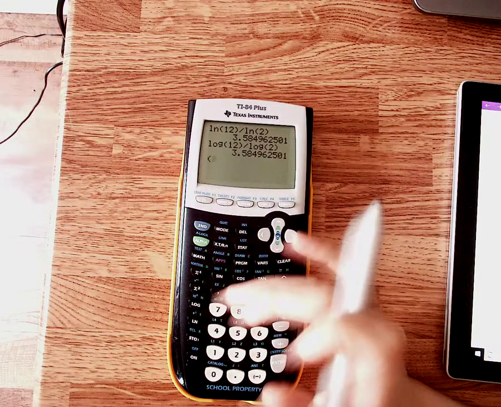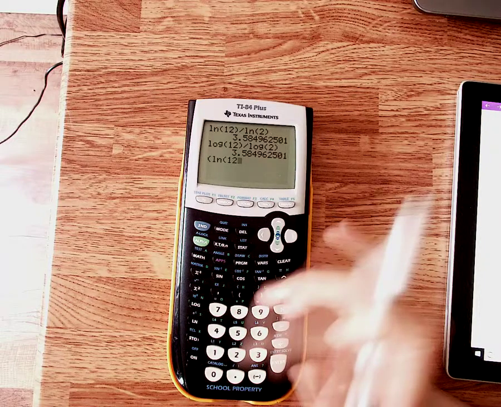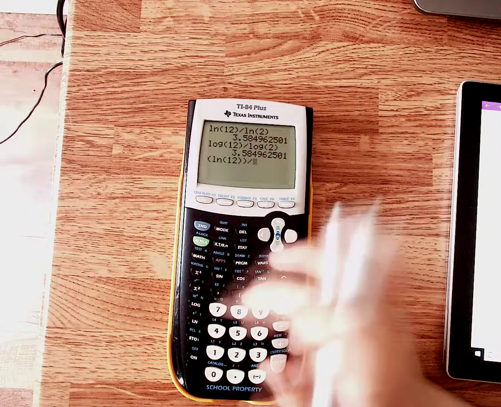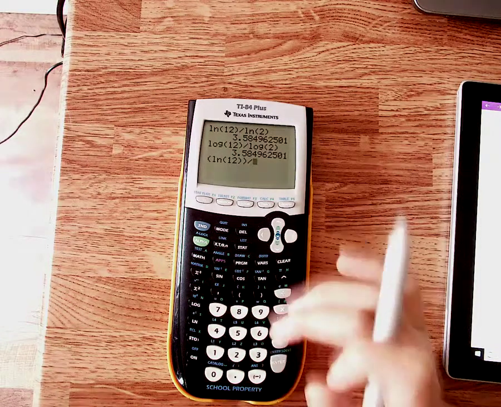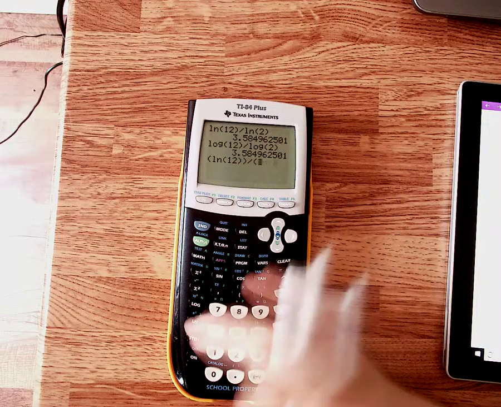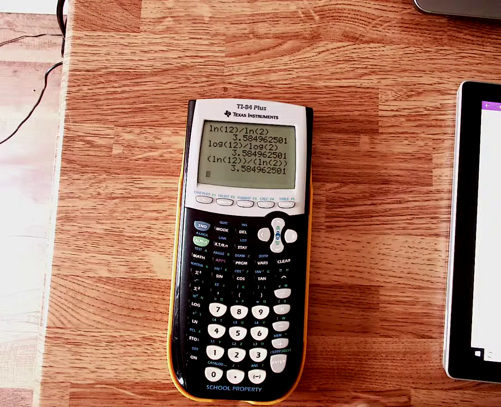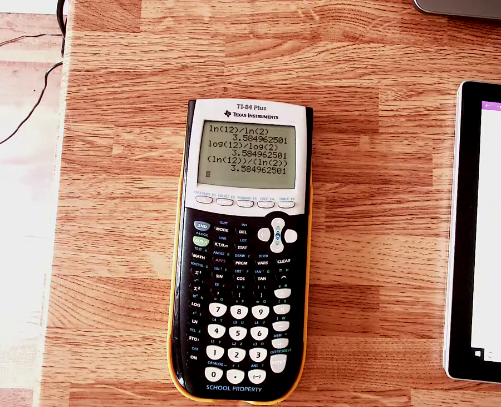I use a parenthesis to frame the numerator, ln 12, and then divided by, I use the parenthesis to frame the denominator, ln 2. Same value, same thing.